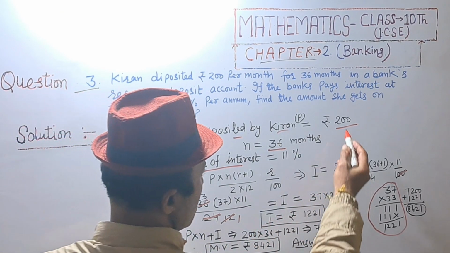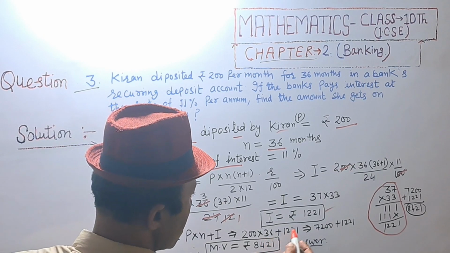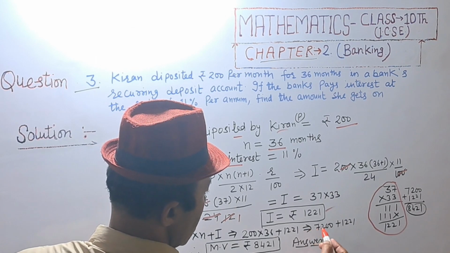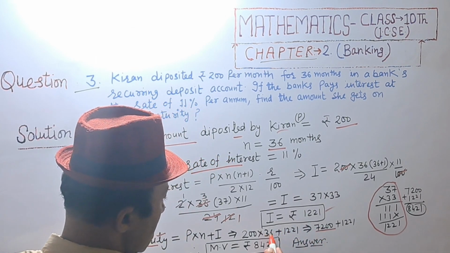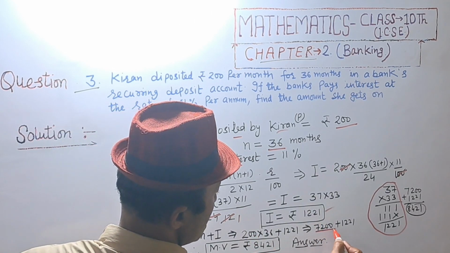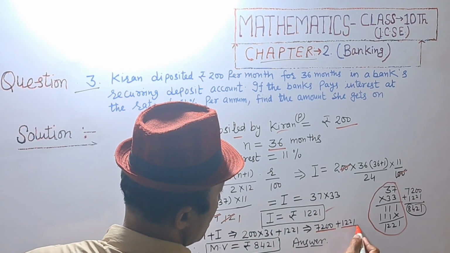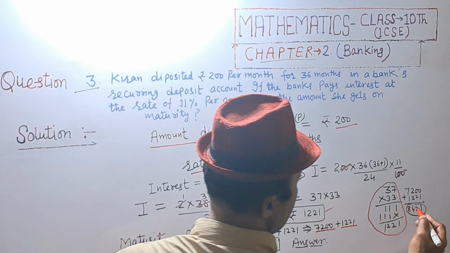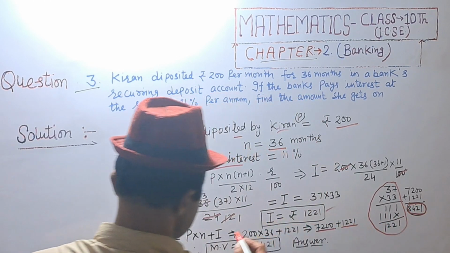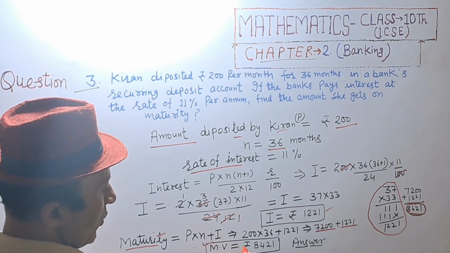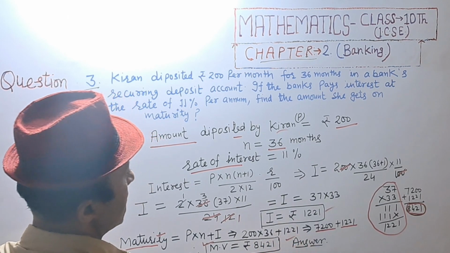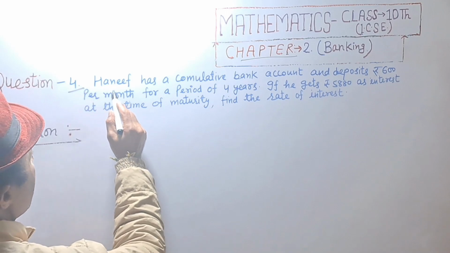P is equal to 200 multiplied by 36 plus interest is 1221, which implies 7200. 36 2s are 7200. 7200 plus 1221, their sum we get 8421 rupees. Its matured value, so matured value we get rupees 8421. Answer.